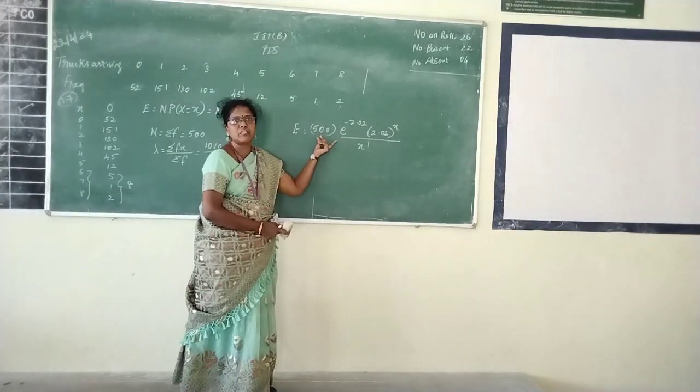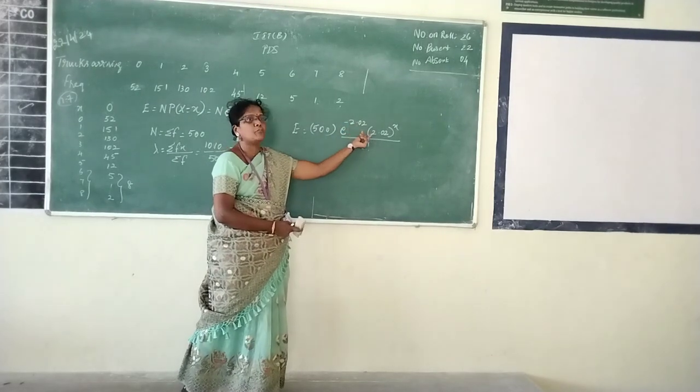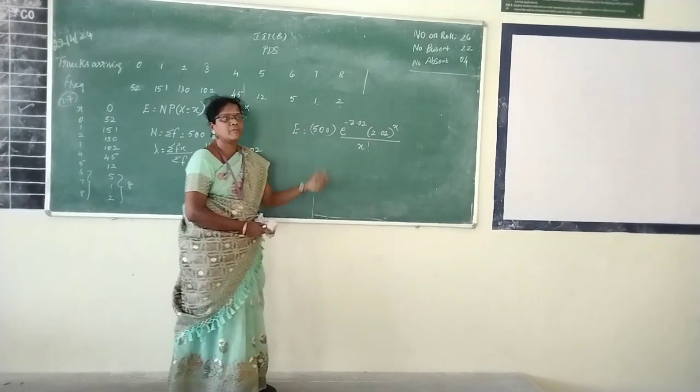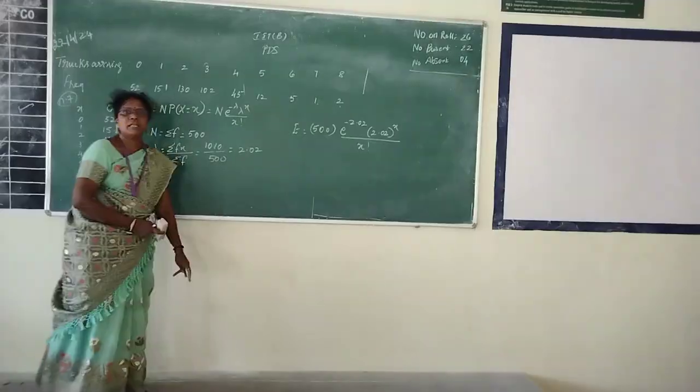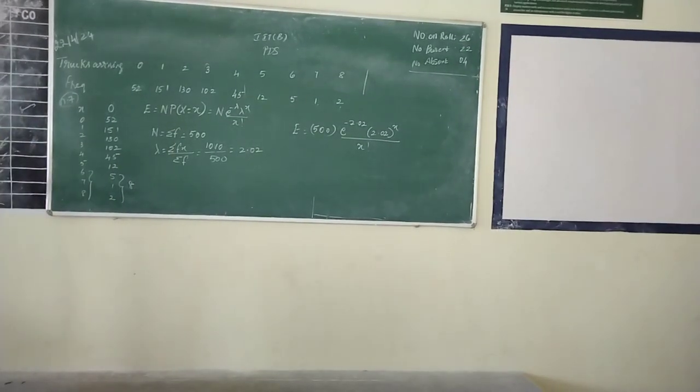Every time we can calculate e power. So find what is e power minus 2.02 multiplied with 500. Make it a whole single integer and then start solving.